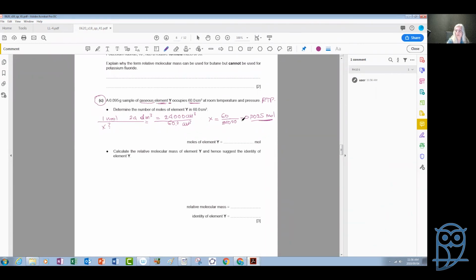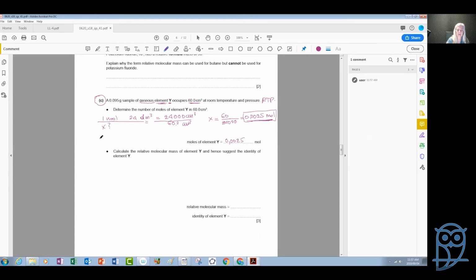Determine the number of moles. Oh, here is the number of moles. So you see, we didn't even have to know what element it was. Here we place our answer, 0.0025.